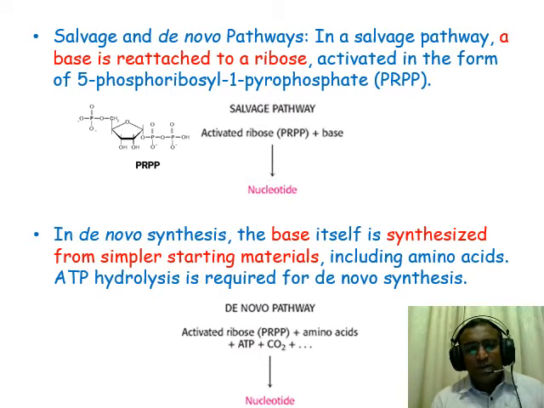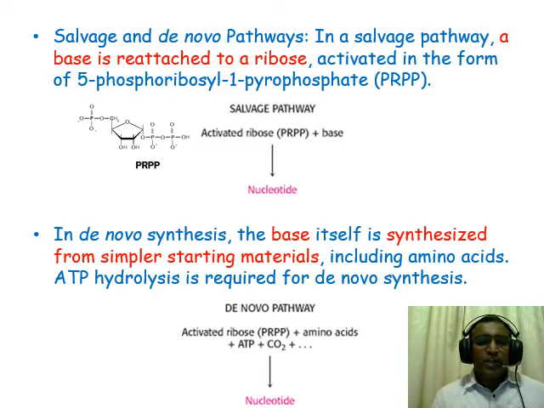In terms of salvage pathway, it is basically recycling the old base, and then with the help of the pentose phosphate pathway, which generates the ribose 5-phosphate, and then converting ribose 5-phosphate to phosphoribosyl pyrophosphate, abbreviated as PRPP, it is then possible to make a new nucleotide by using the recycled base.